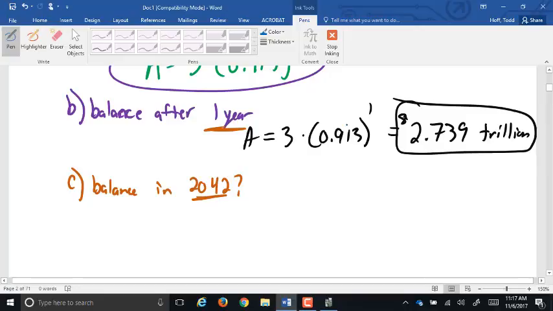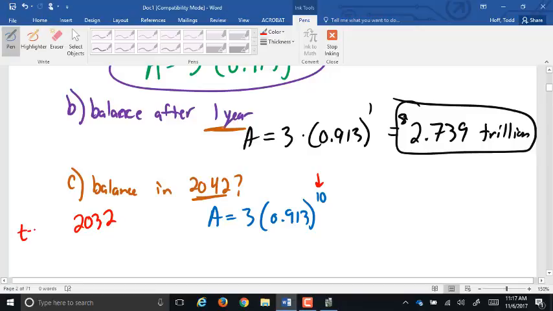Whatever works for you. Now for part C, the balance at 2042, what do we put into our formula? Perfect. Now, before we figure this out, where did the 10 come from? Perfect.